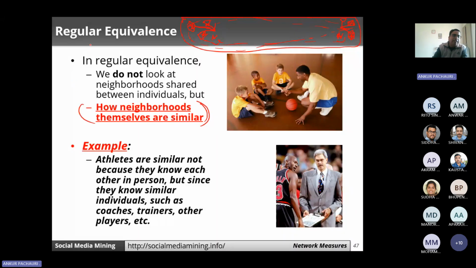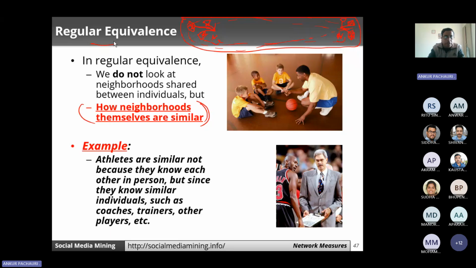I think I've given you an example with Netflix and Amazon as well. Sometimes you might have seen a recommendation of some product or movie given to you with the message that a person like you has also watched this type of product.